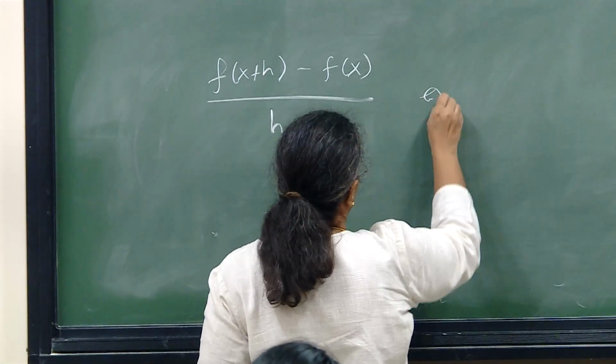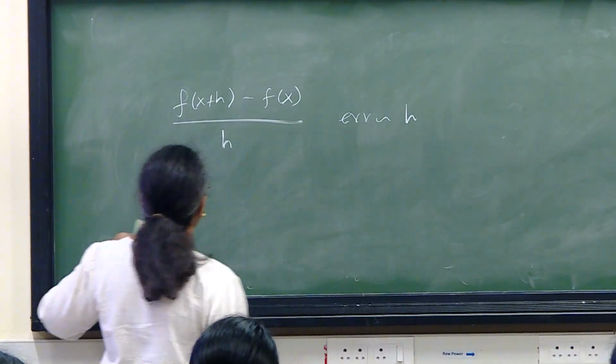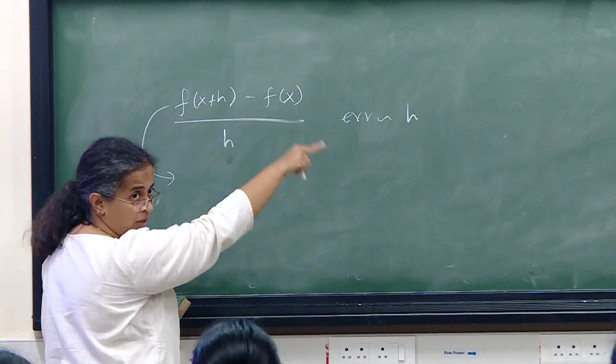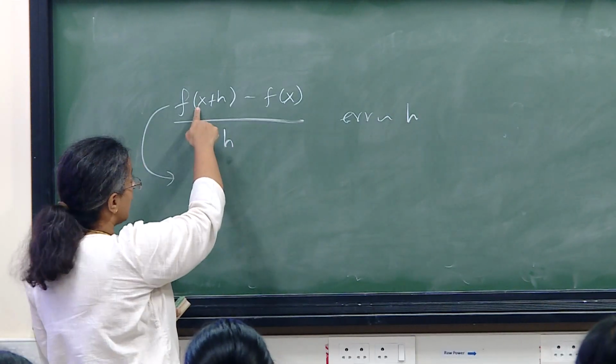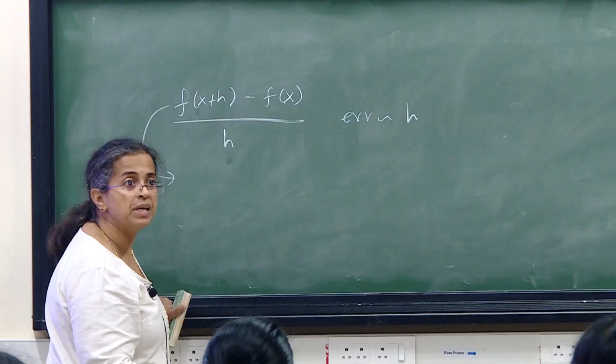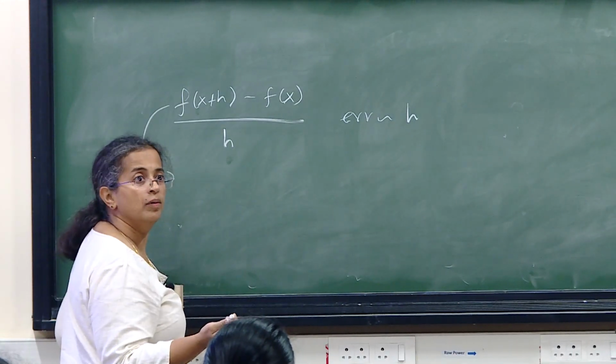The error goes as h from the algorithm. But as I decrease h, the algorithm becomes better, but f of x plus h becomes very close to f of x. How close can it be? It can be as close as epsilon small.